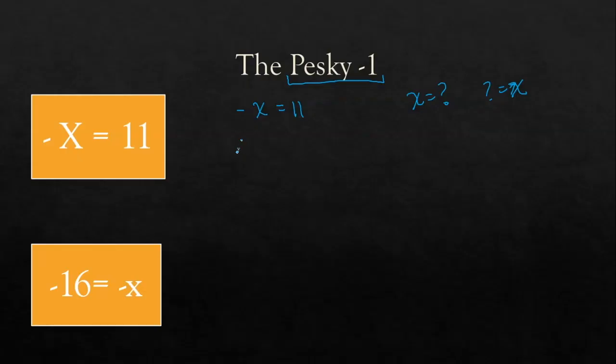There's a couple ways you can think about it, but we're going to think about it the same way we've been thinking about the previous questions. Remember, there's a 1 there. Mathematicians are lazy, we don't write the 1, but there's a -1 there. So x is being multiplied by -1. So in order to get rid of this, we're going to divide both sides by -1.